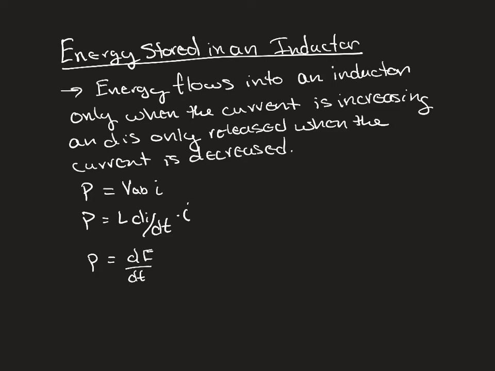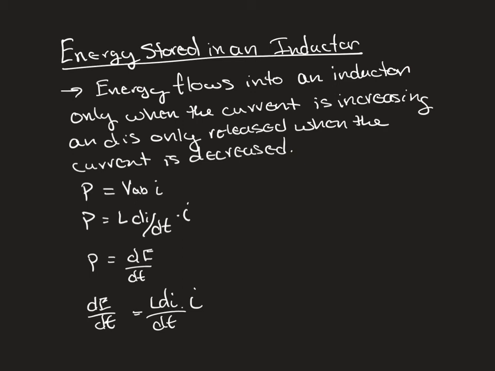So I'm going to equate those two. And I want to pause here to reflect on the idea that you have this change in current in order to get a change in energy with respect to time. So that reflects what I set up here in this statement.